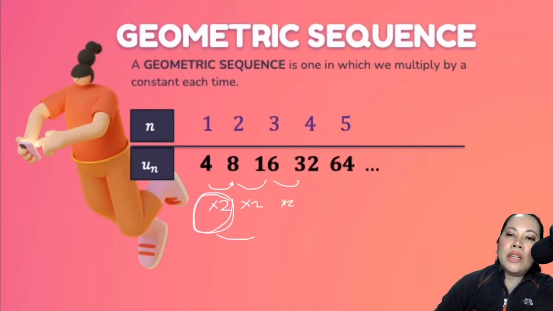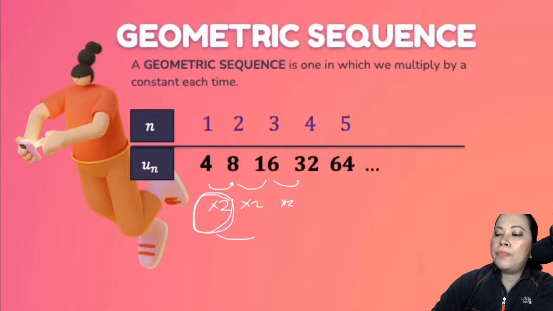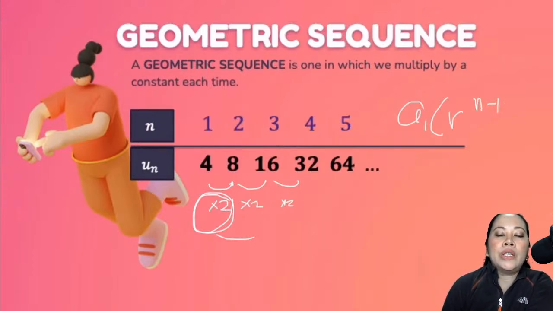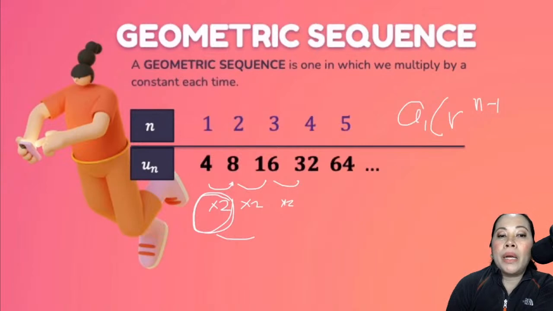Now, geometric sequence has a formula. The first term, A1 or U1, times the ratio R, raised to the power of n minus 1. So it has a common ratio, and it is being raised to the power of n minus 1.